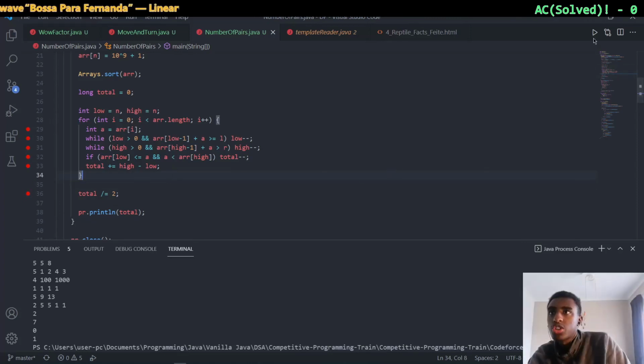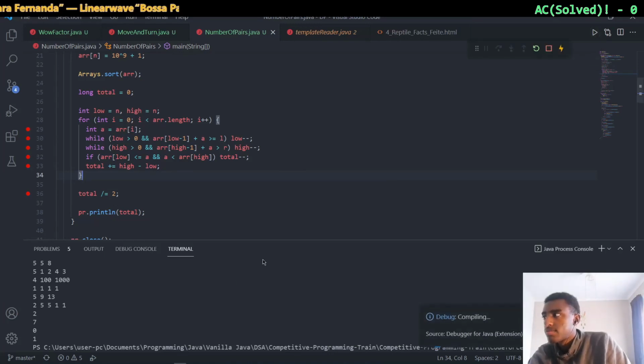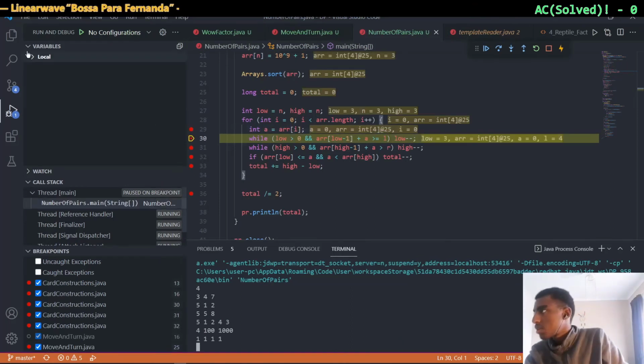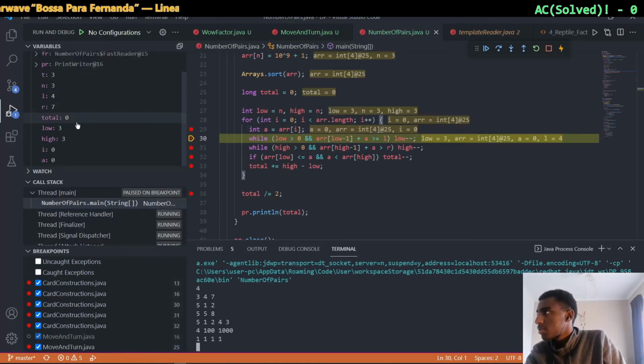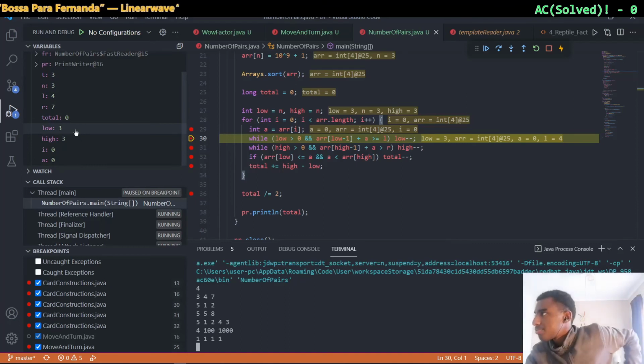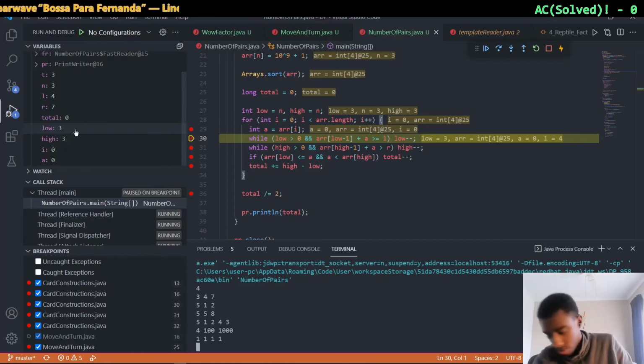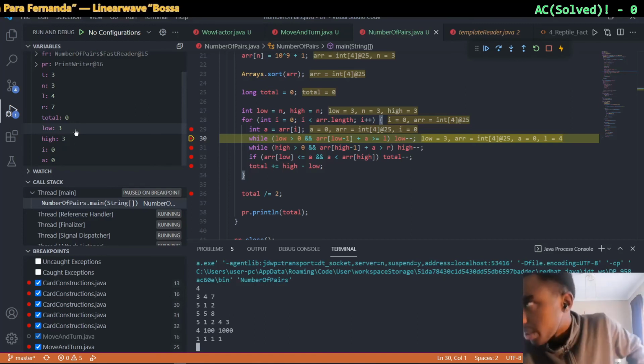Total is long as well. Oh, this is the small sample. I got 1 for that as well. So let's see what happens.